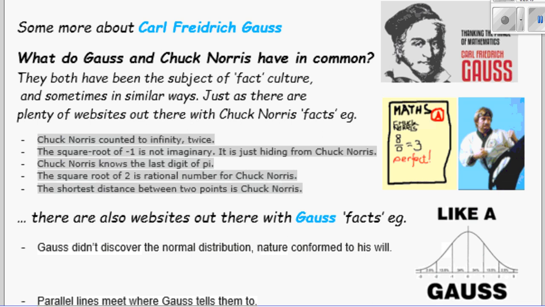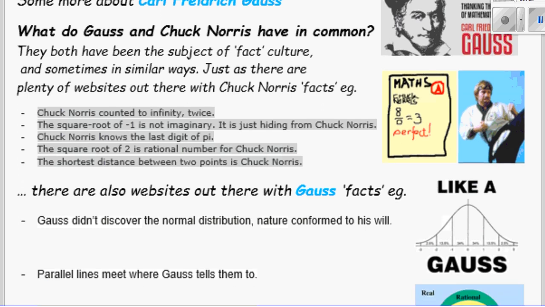So what do they have in common? They've both been the subject of fact culture. They call it Chuck Norris facts, Gauss facts, and that kind of thing on the internet, sometimes in similar ways. Sometimes they have similar kinds of dull jokes made about them, just as there are plenty of websites out there with Chuck Norris facts.